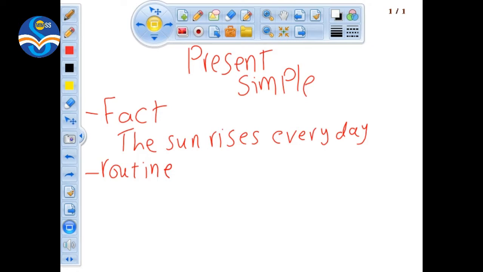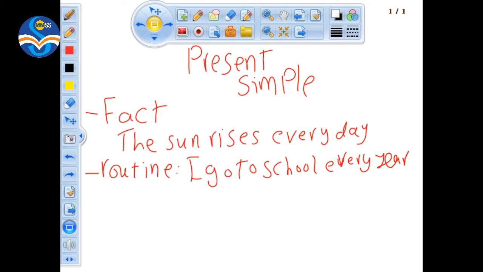Of course it's not in your hand to go to school every year. You should go to school to get educated. So that's why I cannot change the action of going to school. So that's why we say routine is something that is not in my hand to change. Like I go to school every year.